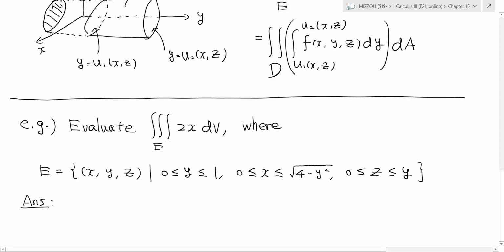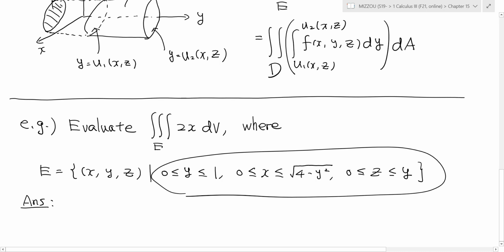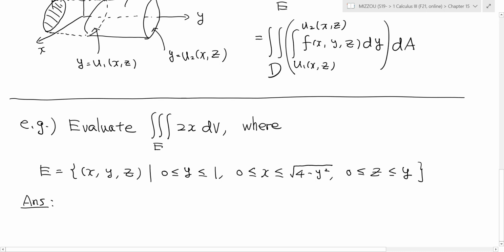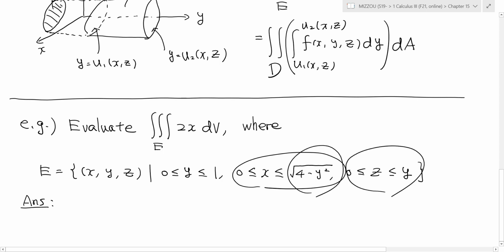Well, in this case, basically, the idea is you have to fix two variables and integrate with the other one. So you have to pick the variable you integrate first. One way to figure out which one to take care of first is to look at the set notation, if it's given in this form. Here, y is between 0 and 1, but x is between 0 and some surface, and z is given in this way.